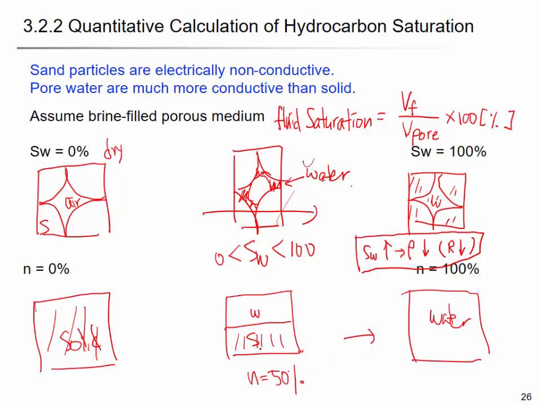Again, as you go to the right side, as the porosity increases, resistivity will decrease. And you can replace the air with oil. It doesn't change anything, right? Oil and air, they are not electrically conductive.